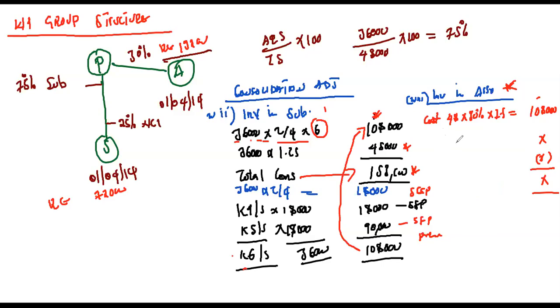What we don't control is 70%. The associate has the 70% here. So you're going to get P's share of that 60,000 profit.